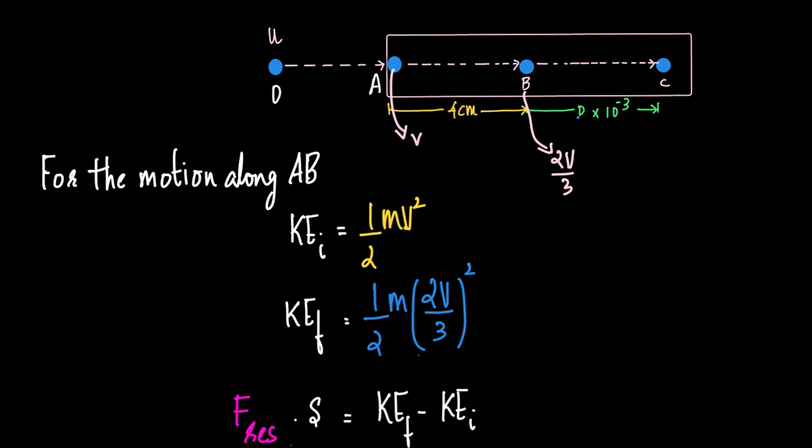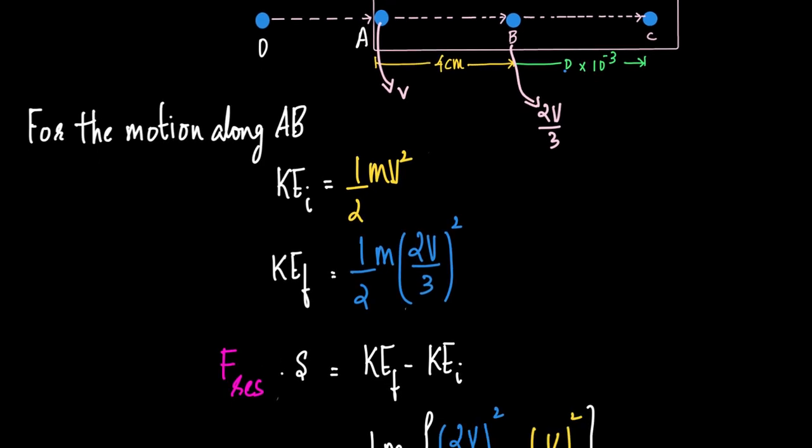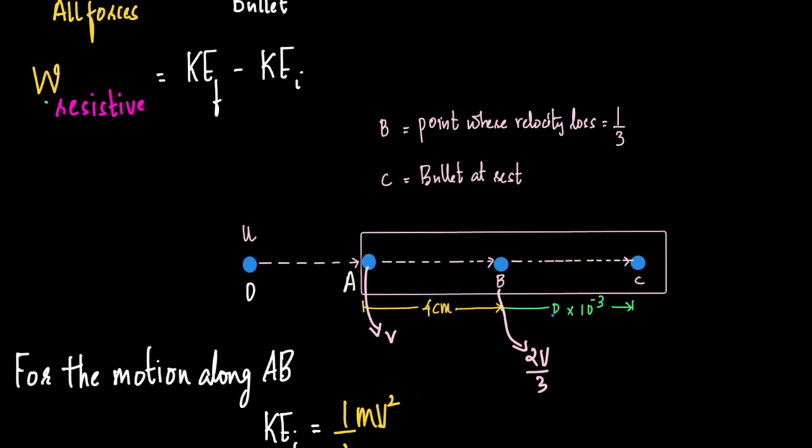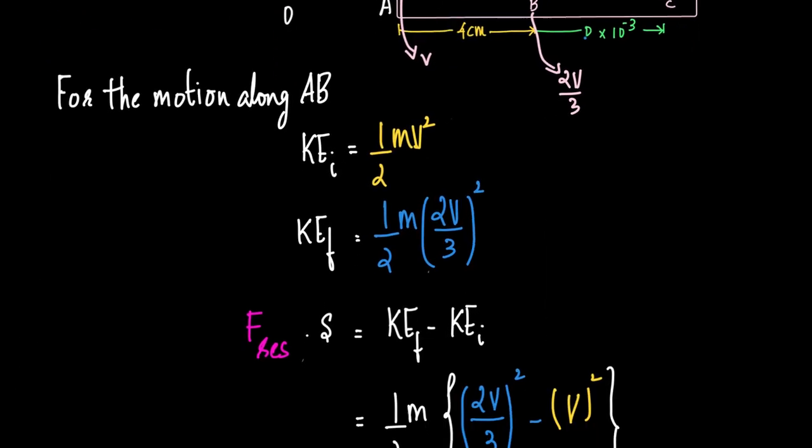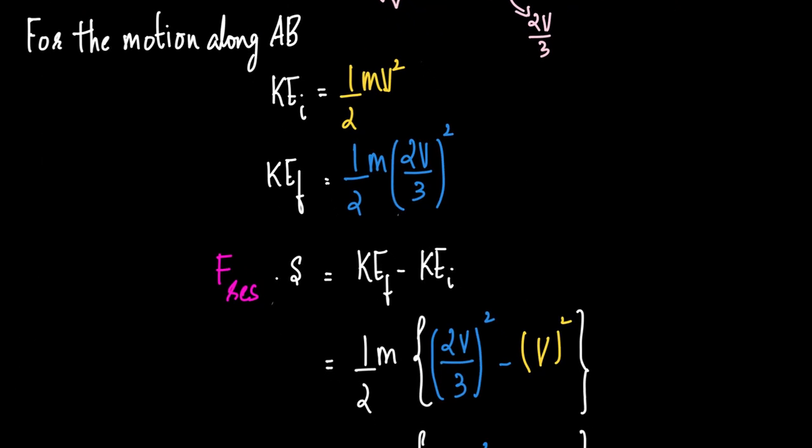kinetic energy initial will be half mv square at A. Kinetic energy final would be half m at B, which is (2v/3) the whole square. Now, what is kinetic energy final minus kinetic energy initial? By the work energy theorem, it is the work done by the resistive forces, which can be written as force into displacement.